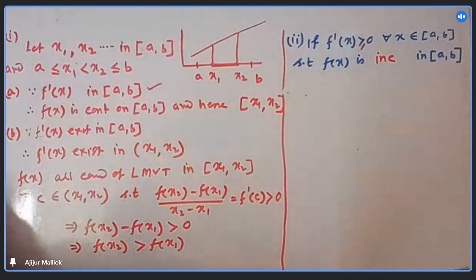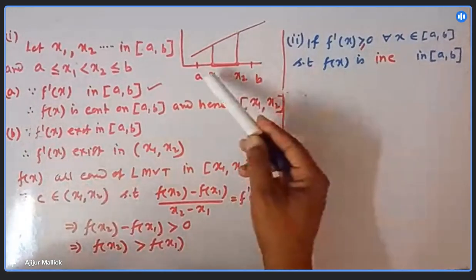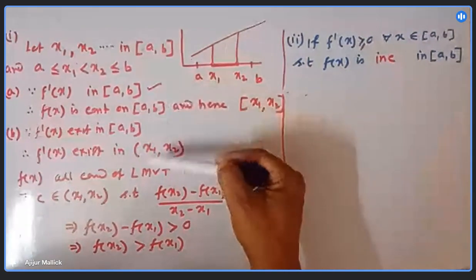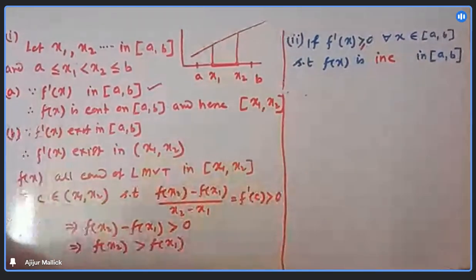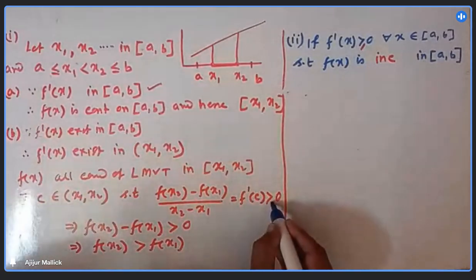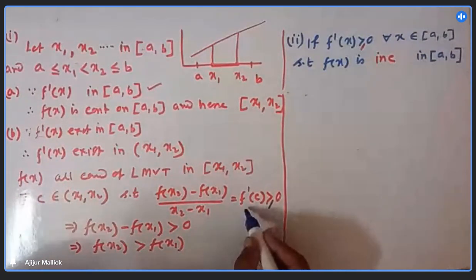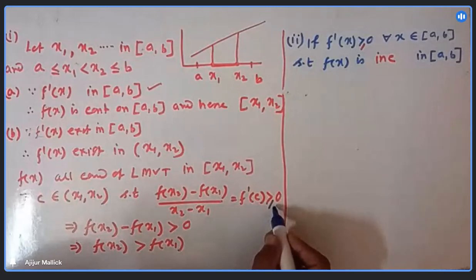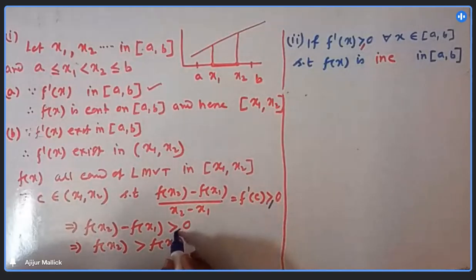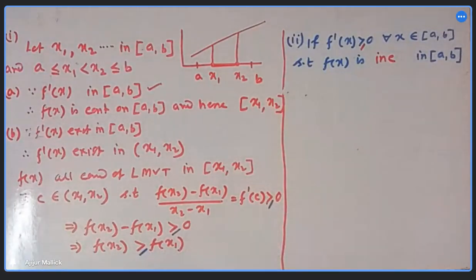What will be changed? You will proceed in the same way. Just in this step we will write f dash c greater than or equal to 0, so here we get greater than or equal to, and everything else is the same. Is it possible to do? Yes, sir.